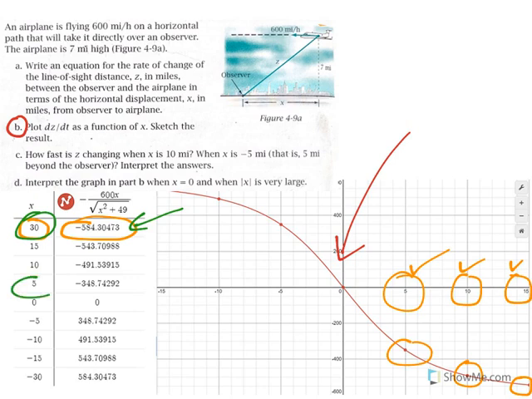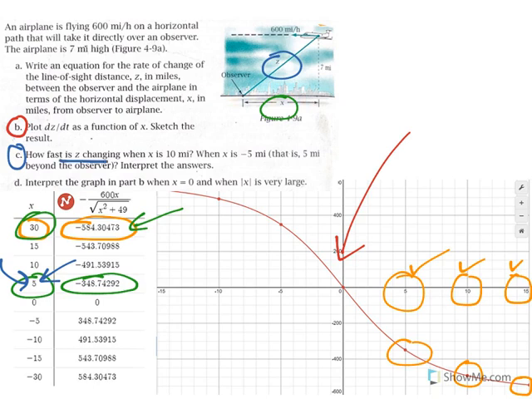The rate of change, for example, when the plane is 5 miles from the observer horizontally, will be negative 349 miles per hour. So the distance between the observer and the plane when the plane is 5 miles from the observer horizontally is decreasing at a rate of 349 miles per hour.